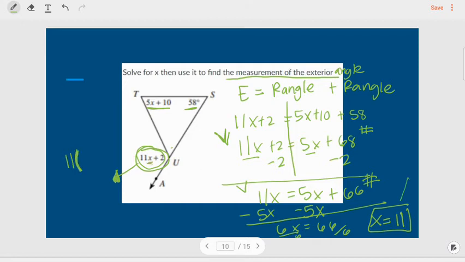I'm going to come over here and note to self, x is 11. So I'm going to take out the x, replace it with an 11, and then continue. After the x comes a plus 2. So I'm going to simplify that. 11 times 11 is 121 plus 2, and I can simplify that to 123. So my exterior angle is 123 degrees.